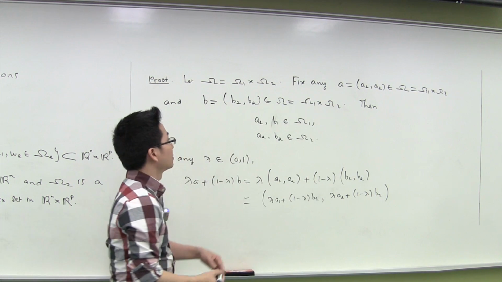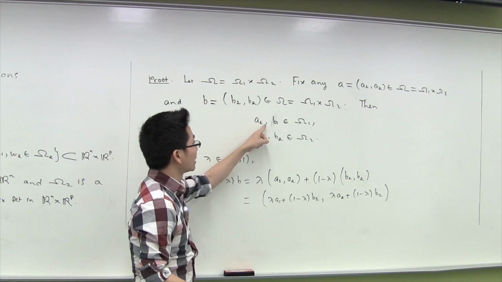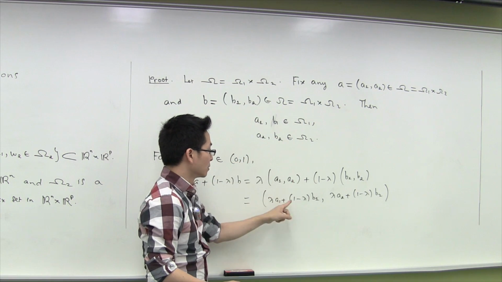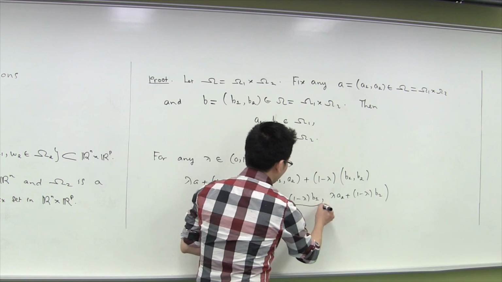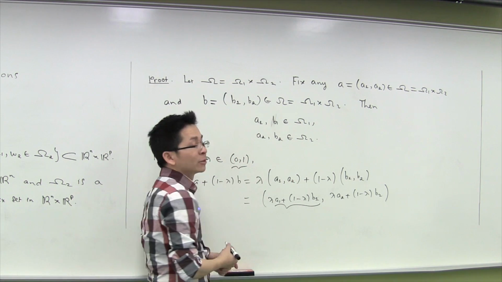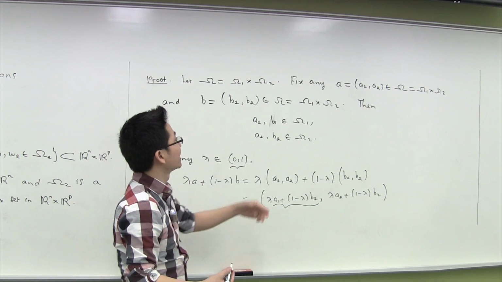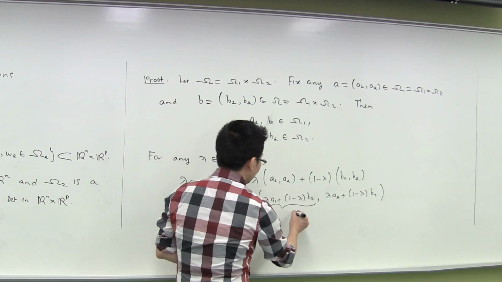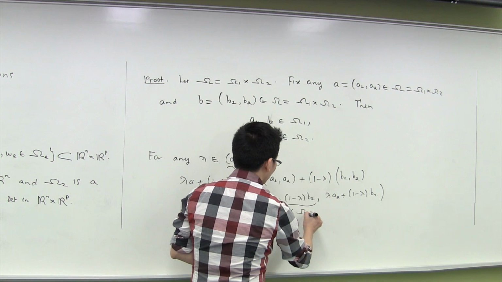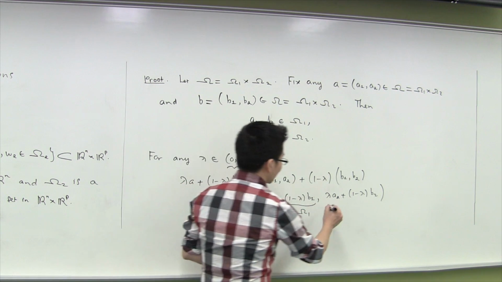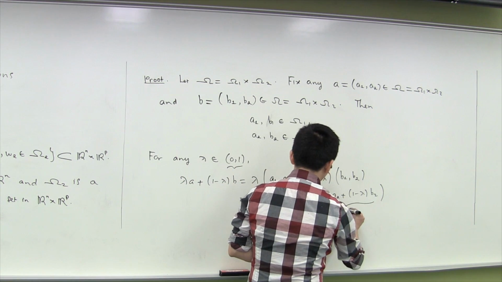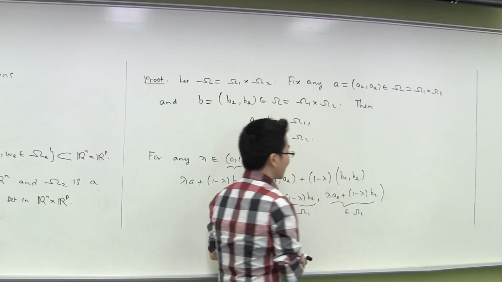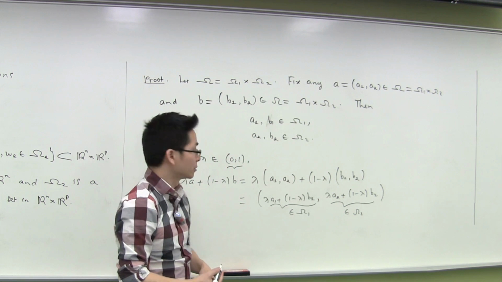Note that both A1 and B1 are in omega 1, and lambda is in the interval (0, 1). As we know, omega 1 is a convex set in Rn, so this element belongs to omega 1. And similarly, this element belongs to omega 2 by the convexity of omega 2.